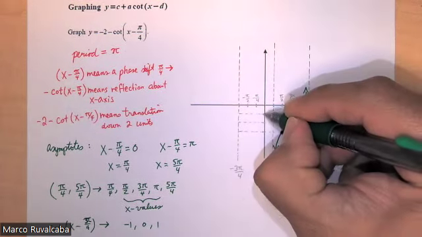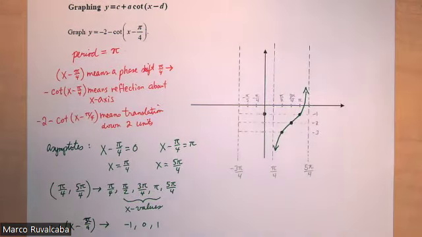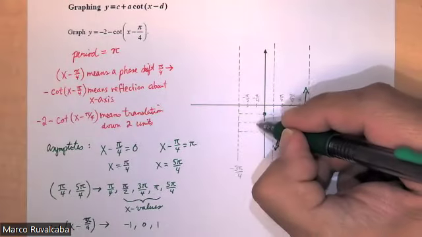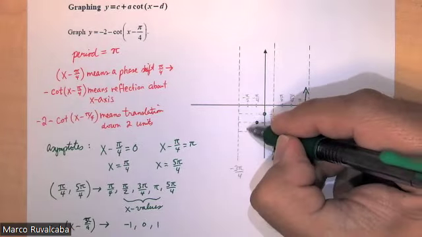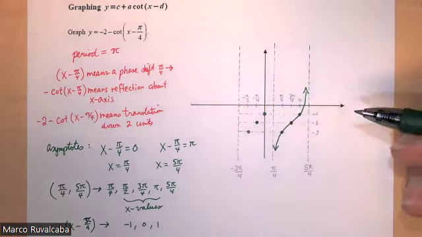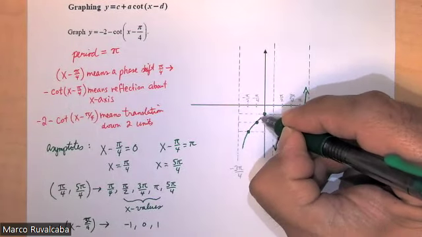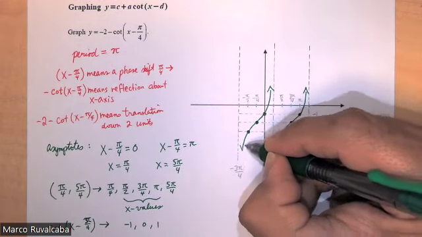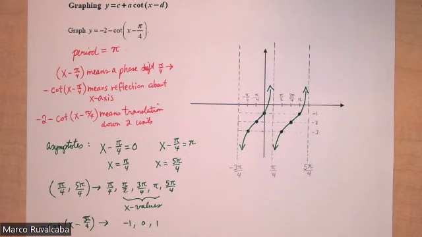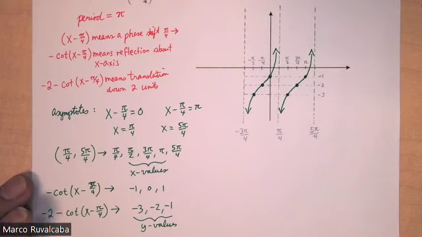So the values over here would be at 0, -1, at negative pi over 4, -2, and at negative pi halves, -3. And you can see that you get the other cycle of the graph. Remember to follow the procedure correctly and practice it, and you shouldn't have any issues.